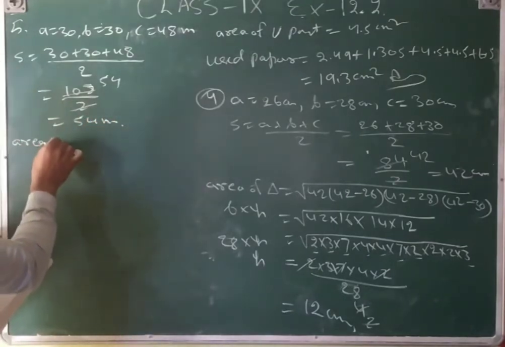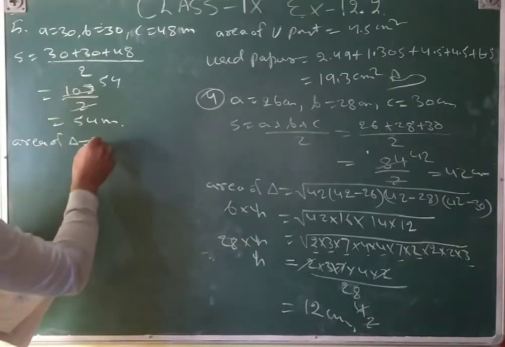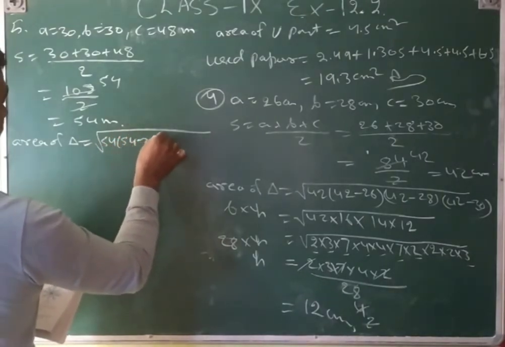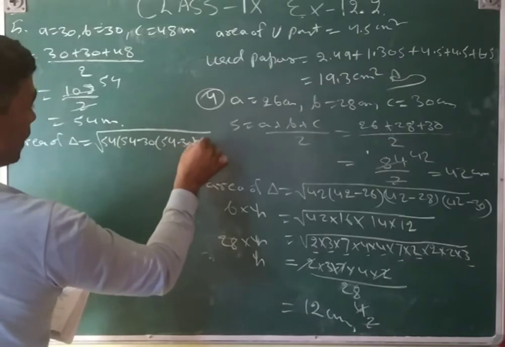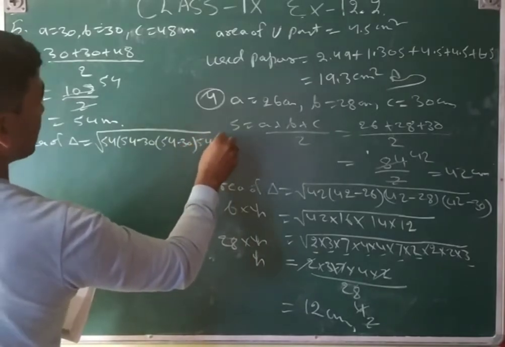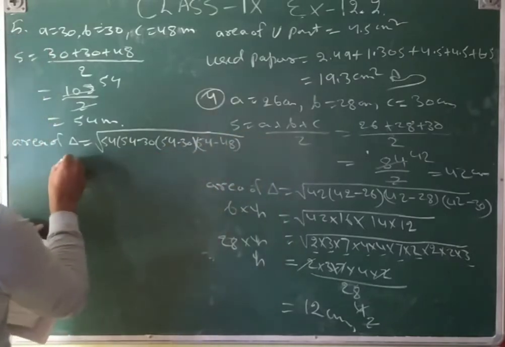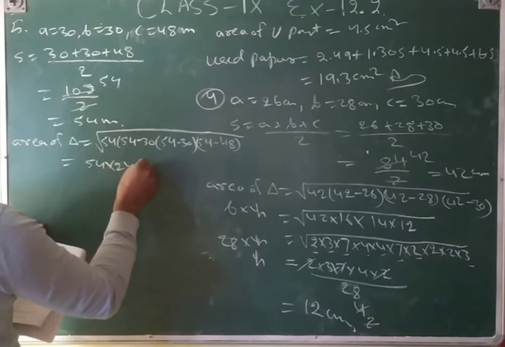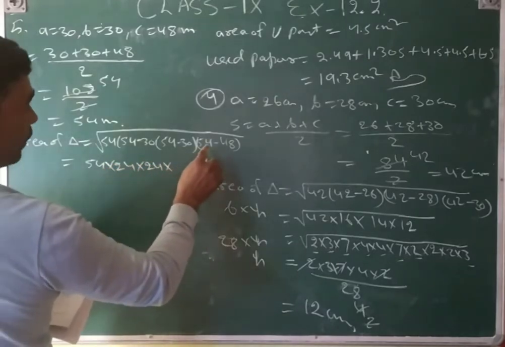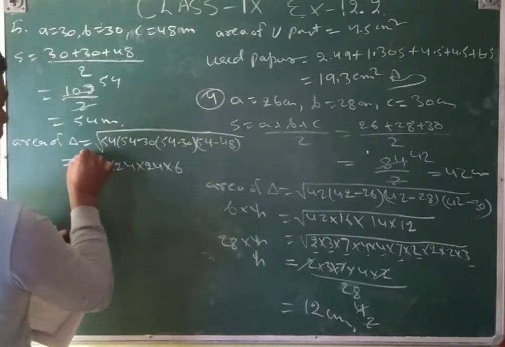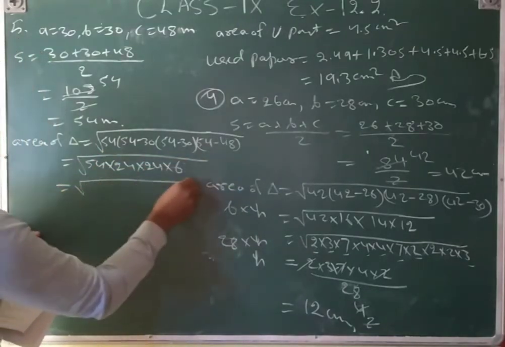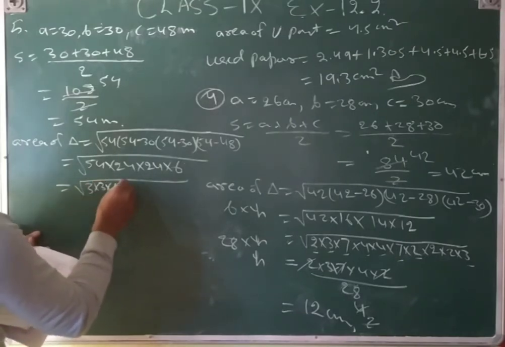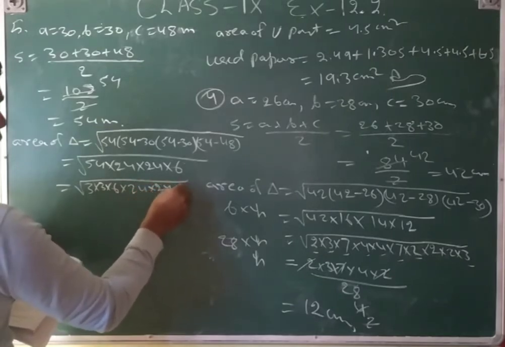Area of triangle is equal to the square root of S into S minus A, S minus B, S minus C. So 54 into 24 into 24 into 6. Then 3 into 6, 3 9 is 27, 54; 24 will be the same into 6.